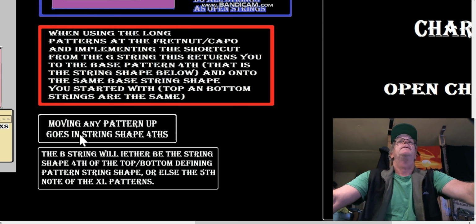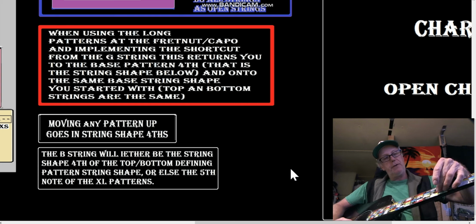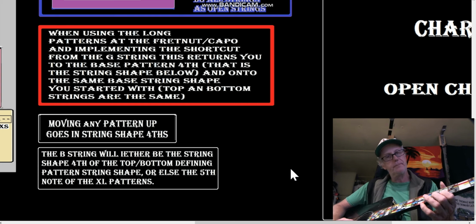So here's the C string shape, and also on top the C string shape 3, 4, 5, or E, F, G. The string below that is the E string shape, aliased on down there. Now the top 2 strings aren't always aliased, I found that out.